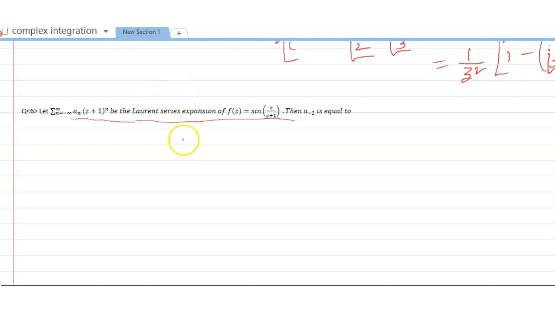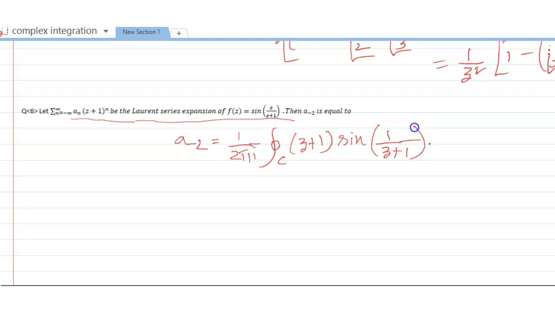So friends, by the Laurent formula, a minus 2 is equal to 1 by 2 pi i contour integral over c of z plus 1 into sine 1 by z plus 1 dz, and here there is no singularity.